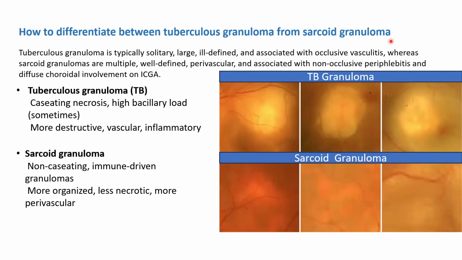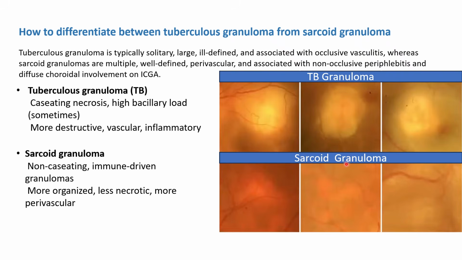However, sarcoid granuloma is an autoimmune disease related to the immune system, but there is no infective organism determined so far. Clinically, both of them appear as white, yellowish, single or multiple spots, and in tuberculosis, usually elevated spots with overlying new vessels. This is due to occlusive vasculitis.